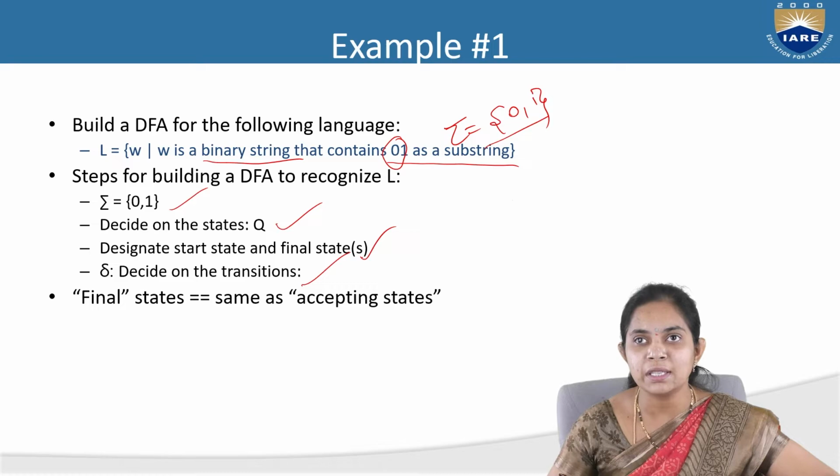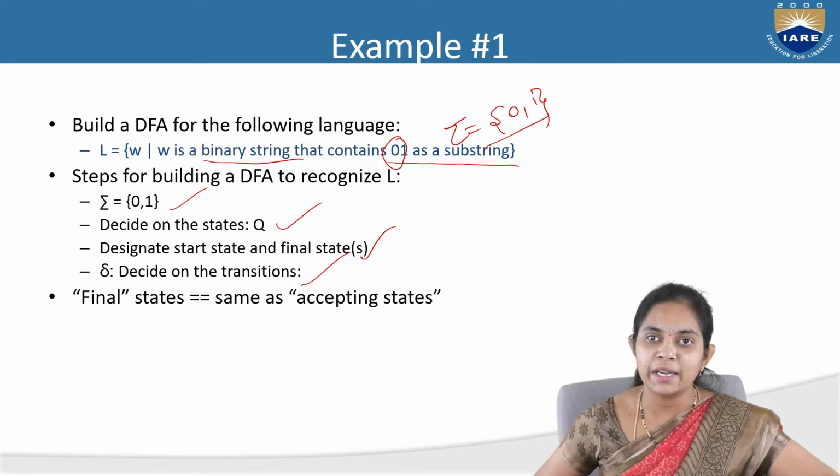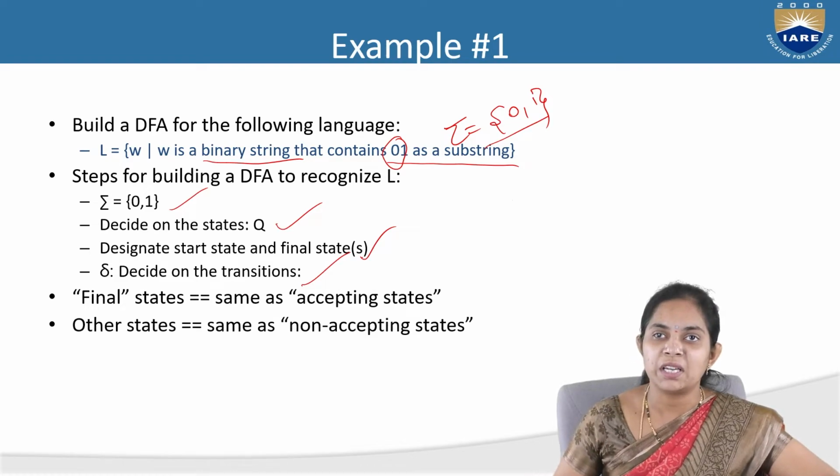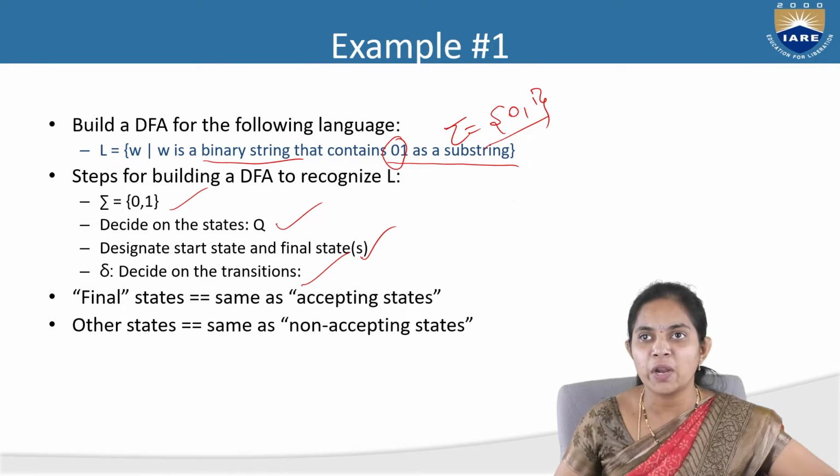Final states are the same as accepting states, and the other states are represented as non-accepting states.